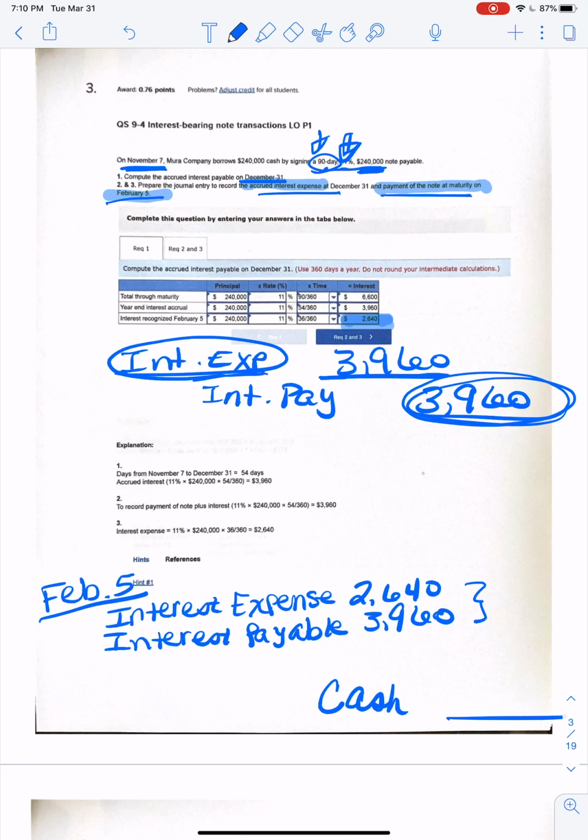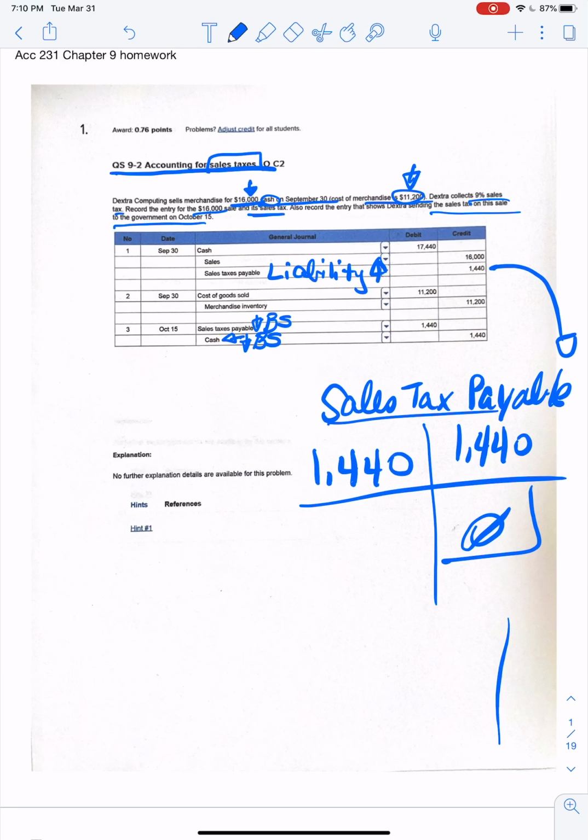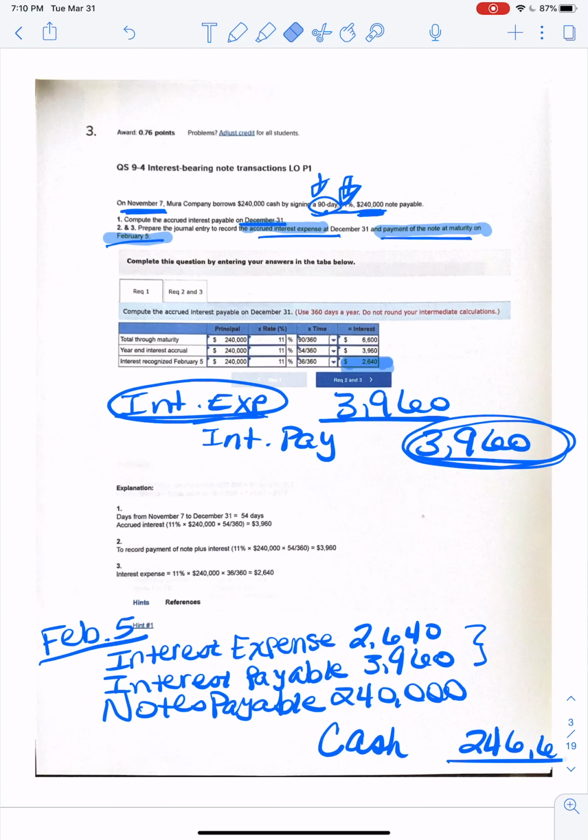So instead, what I'm going to do is debit notes payable for $240,000 and then credit cash for $246,600. Sorry about that. I accidentally hit the arrow here. So I'm going to rewrite this a little bit further to the left. So that'll be $246,600.